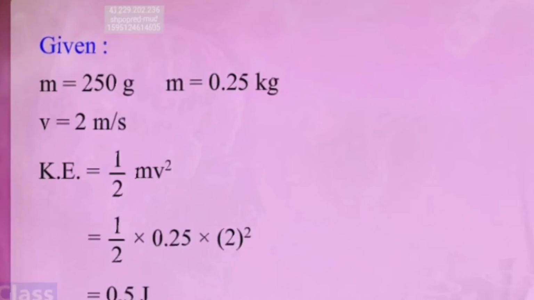So let us understand it. So mass you got 250 grams and the velocity is 2 meter per second. Now this is not in MKS unit, it is in CGS unit. So we need to convert it, right?